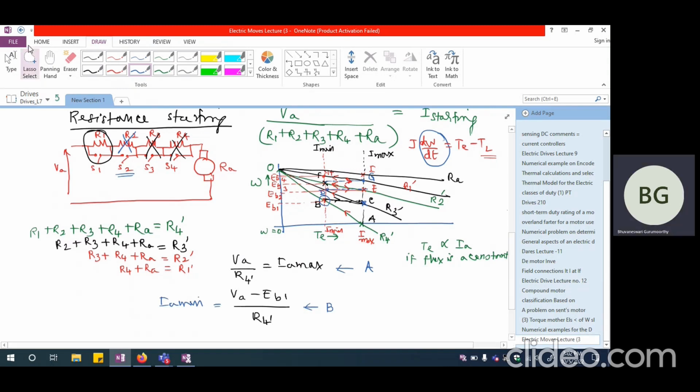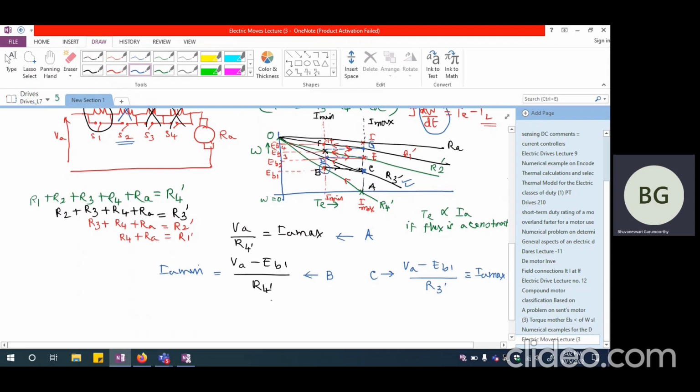And corresponding to point C, I should be able to write VA minus EB1 divided by R3 dash. This is the resistance. That is equal to IA max again. Right? And similarly, I should be able to write corresponding to point D, which is IA minimum.